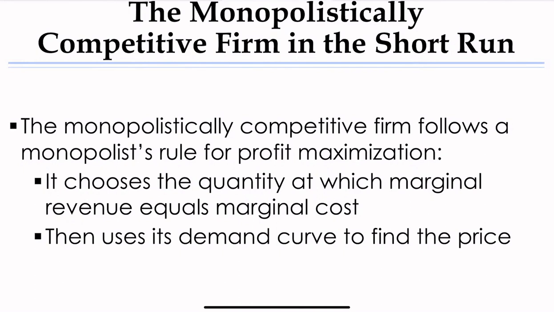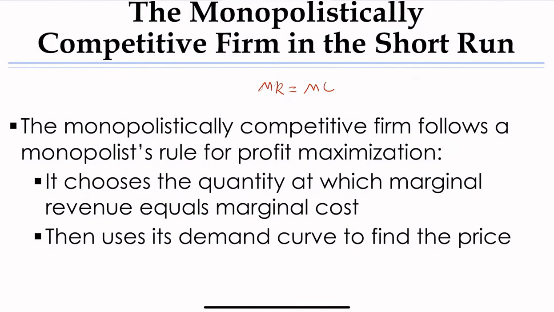Clearly, as I said, when you're talking about profit maximization, the basic condition is always the same. Marginal revenue equals marginal cost. This holds for any firm in any type of market structure.